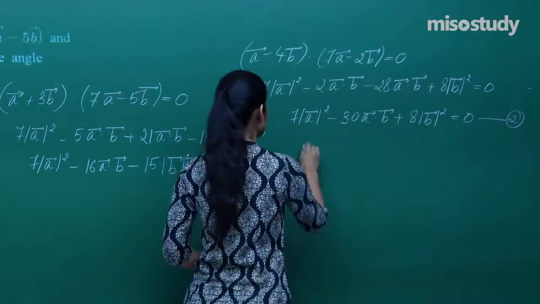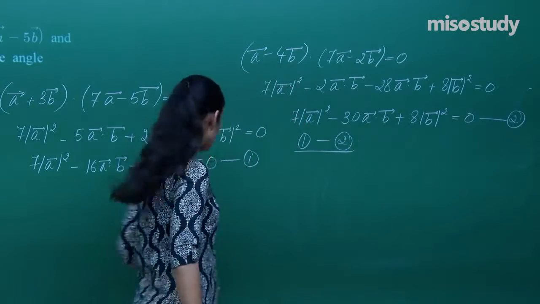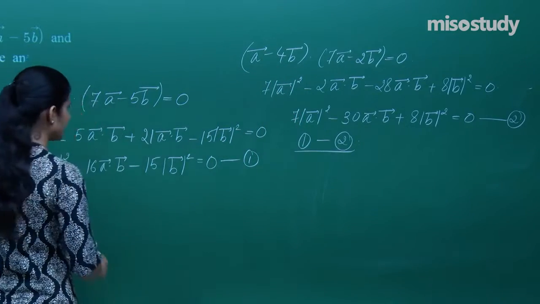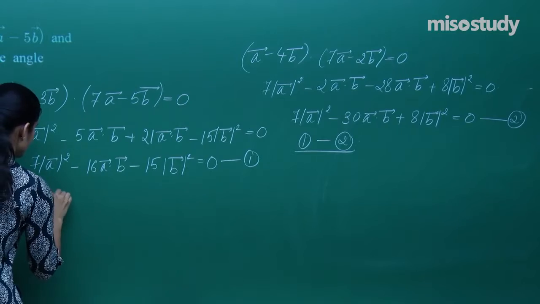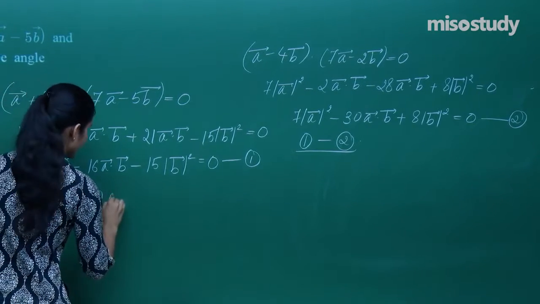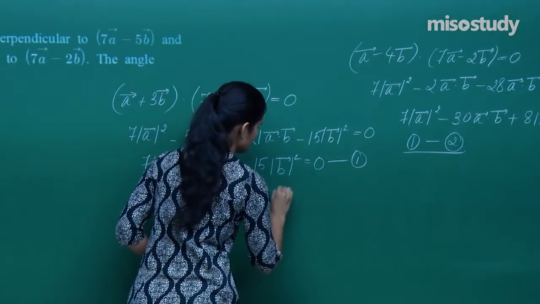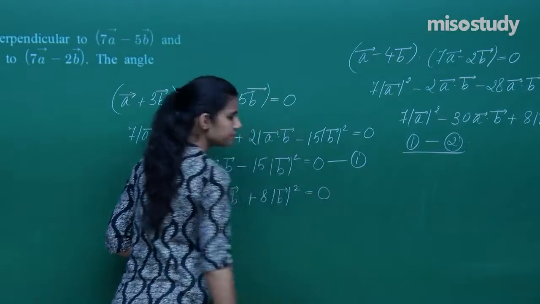When you subtract, what do you get? Here, let me write it here. This is 7 mod A square minus 30 A dot B plus 8 mod B square is 0.